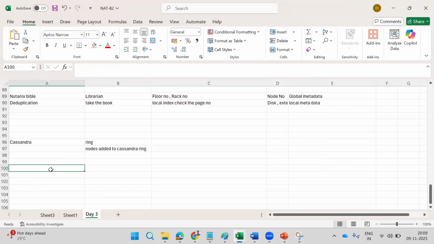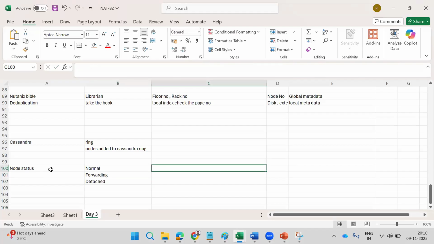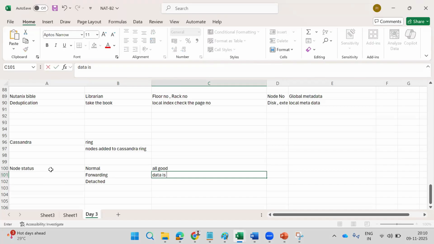Okay, so for the node status in the Cassandra ring, we have different statuses. One is normal, second is forwarding, third is detached. Normal means all good. Forwarding means data is being moved to other nodes due to a node removal activity.